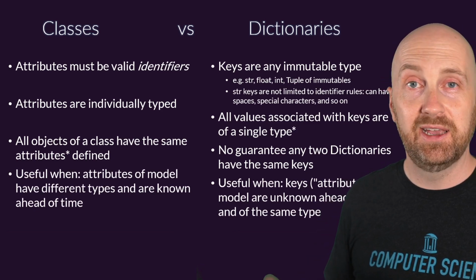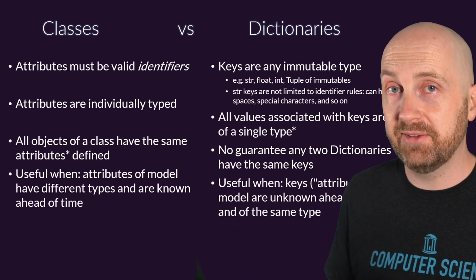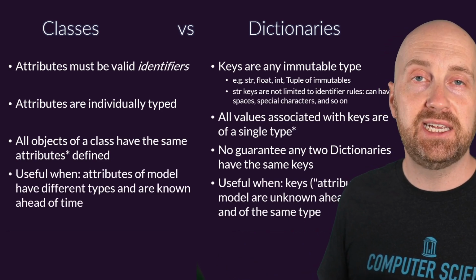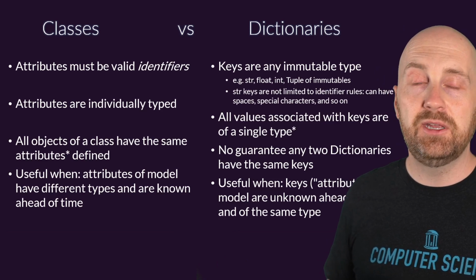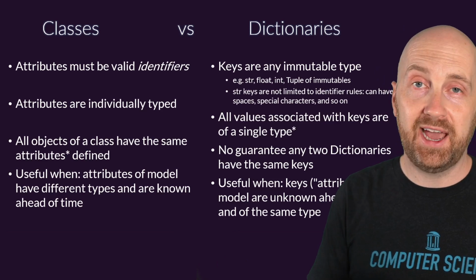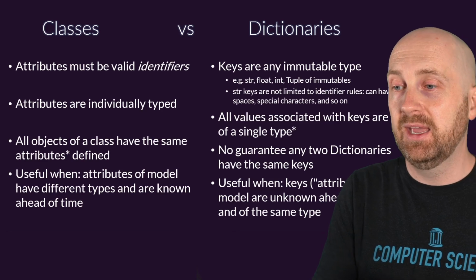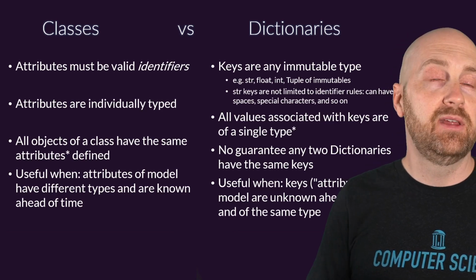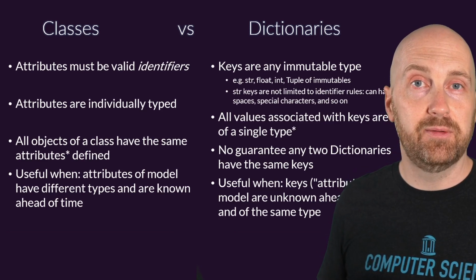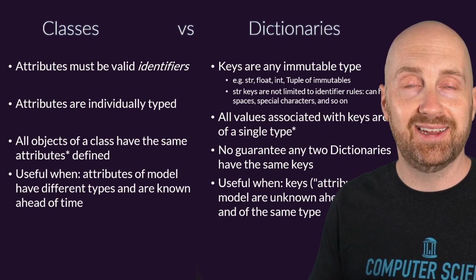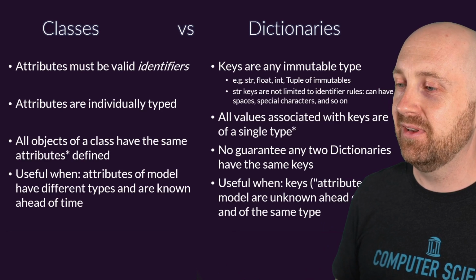Whereas with classes and objects, if you have an object of a given class, you have some guarantee that it has that attribute associated with it. Classes are really useful when you know all of the attributes of some model ahead of time, and they have different types, right? And so we'll be exploring this in the context of a pizza ordering application.